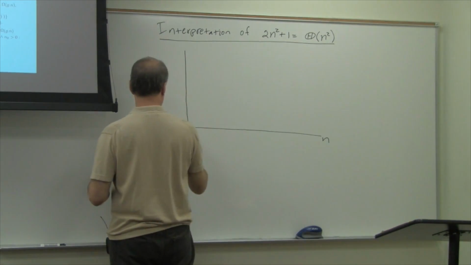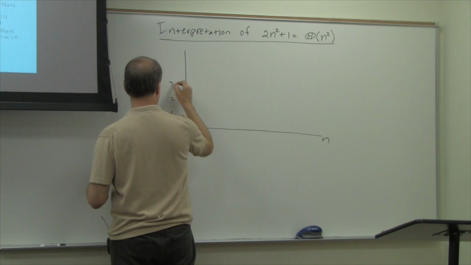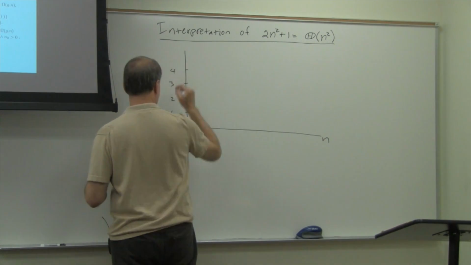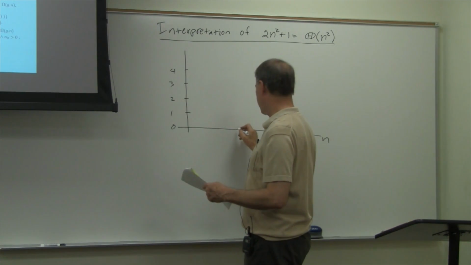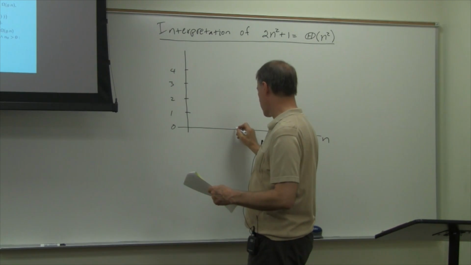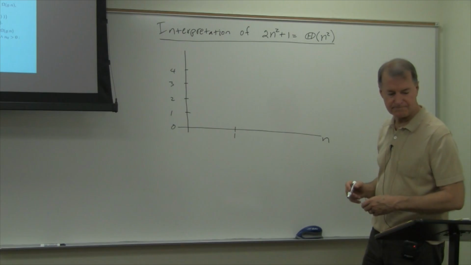So this is going to be 0, this is 1, this is 2, this is 3, this is 4, and so on. I'm going to stretch out the scale a little bit here. So here is going to be 1 on the n-axis.